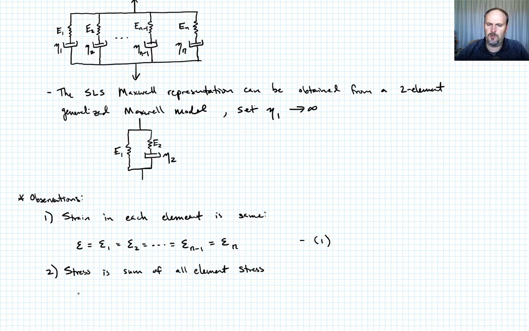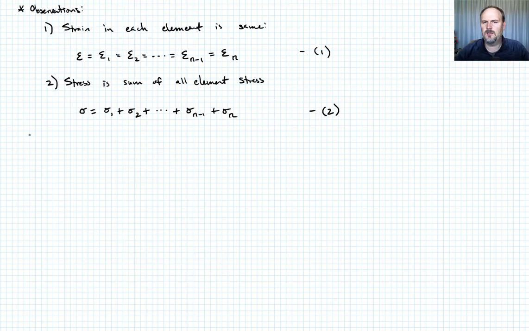So we can write that the stress is equal to the stress in element 1 plus the stress in element 2 plus up to the stress in element n minus 1 plus the stress in element n. Let's call that equation 2. Next we want to recall the governing equation for a single element, which we've already talked about in our simple Maxwell models.